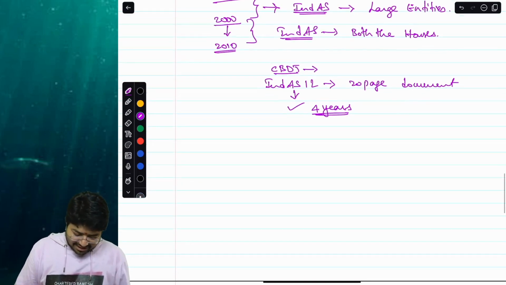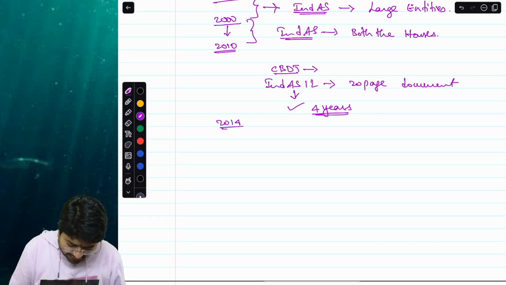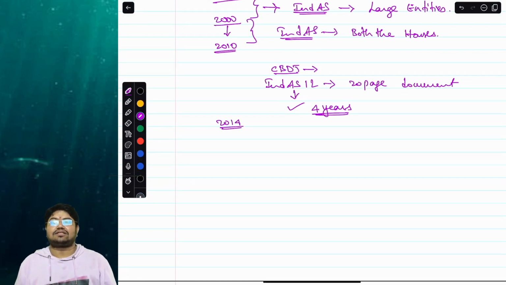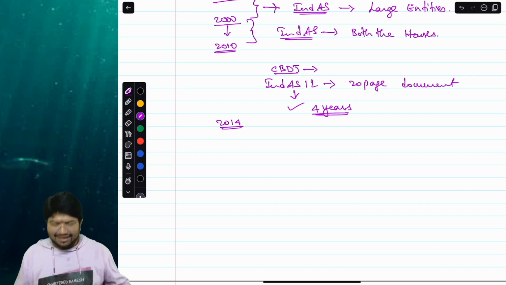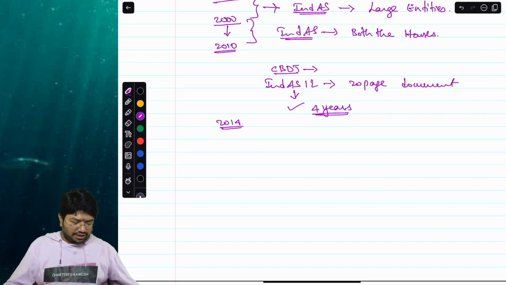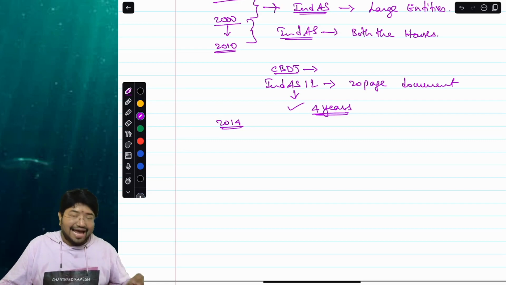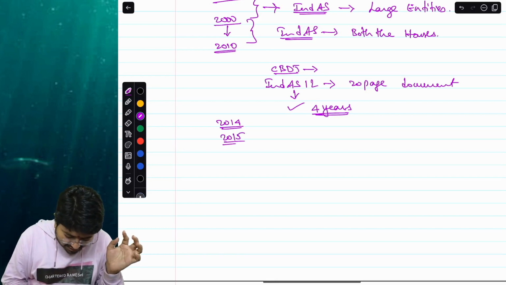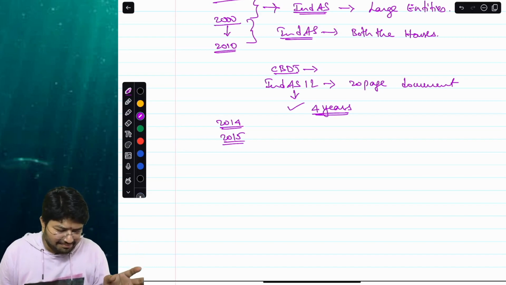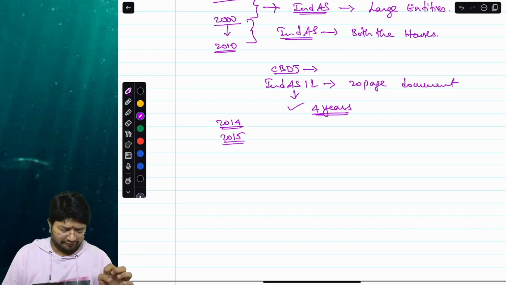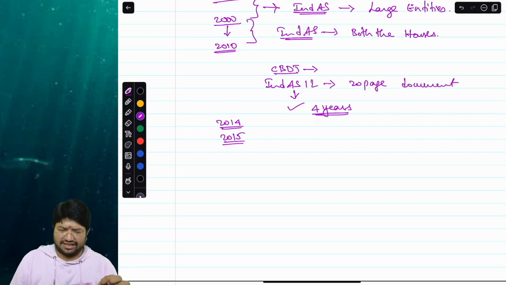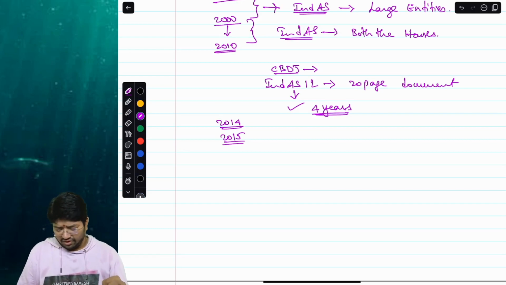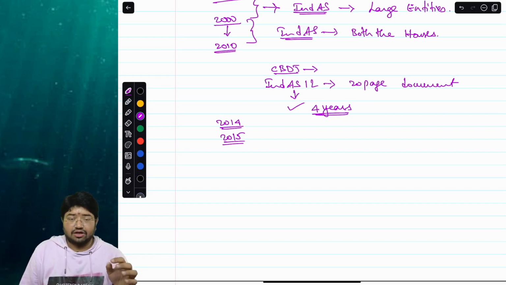Hence, by 2014, the standards were set to release. Hence, by 2015, we took it as an implementation year. That means the standards got launched by 2015.